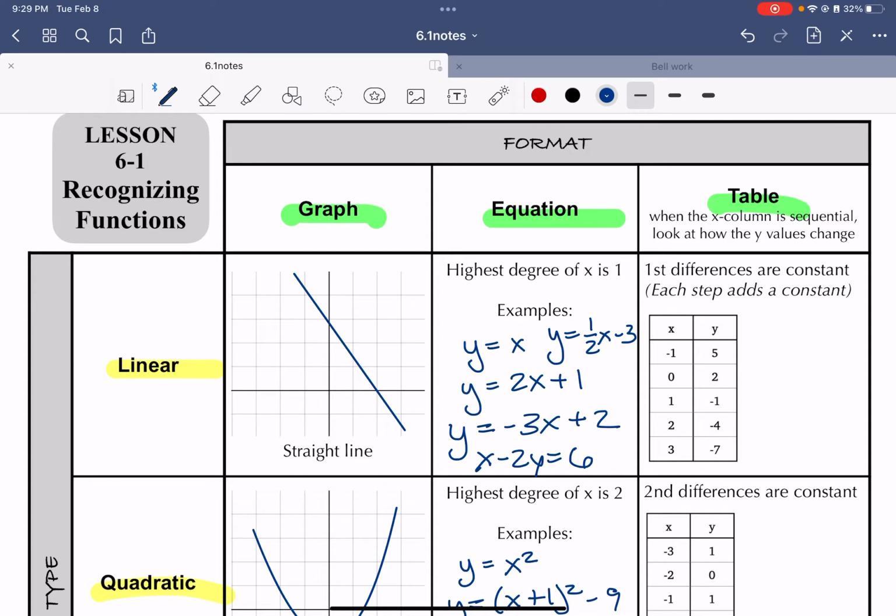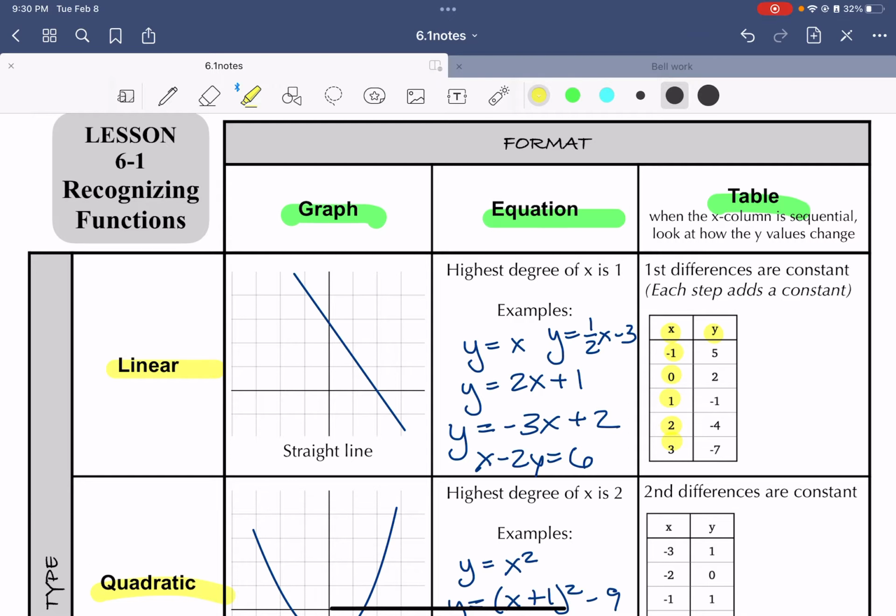So first of all, to do the process, you have to make sure that the x's in your table, so you have a table that has x's and y's, right? And you want to make sure that your x's go up incrementally, sequentially, in even steps.